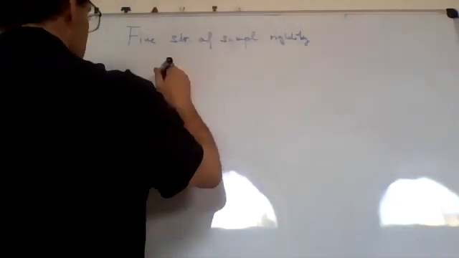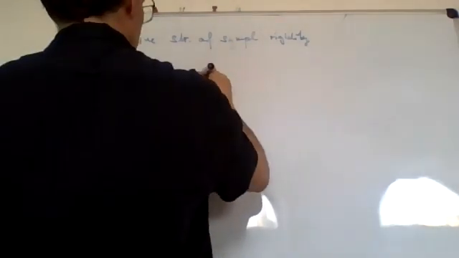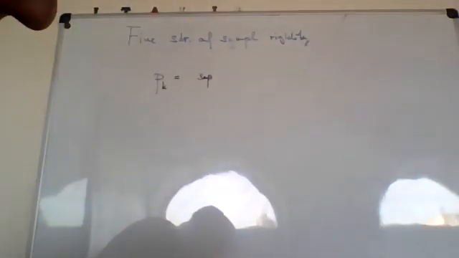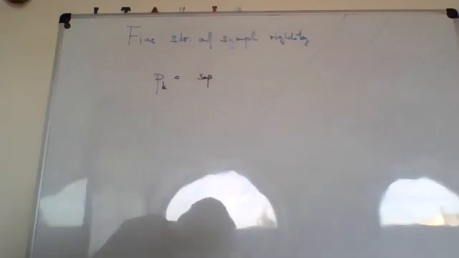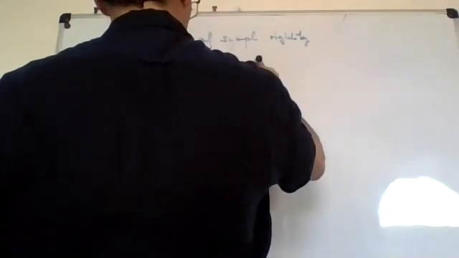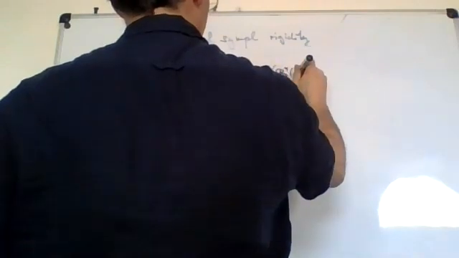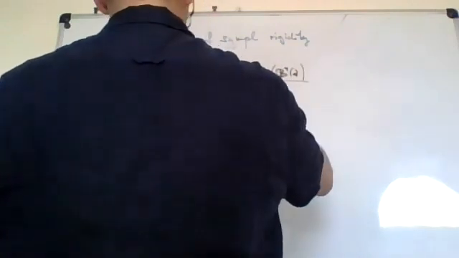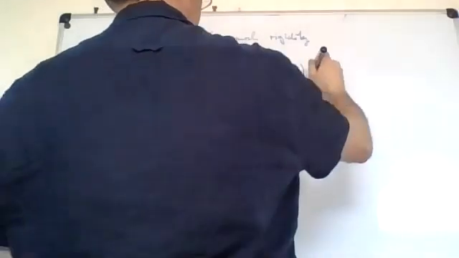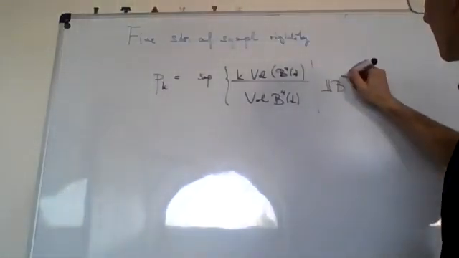So recall that this p_k was the supremum. It was the percentage of volume you can fill by k equal balls when you map into a ball, right? It's the supremum of k times the volume of the 4-ball divided by the volume of the target, such that they embed and have size 1.